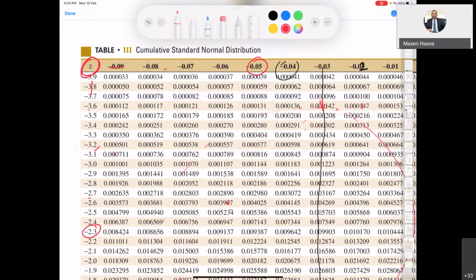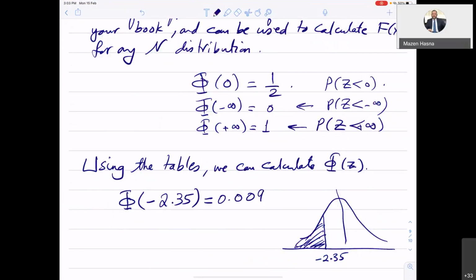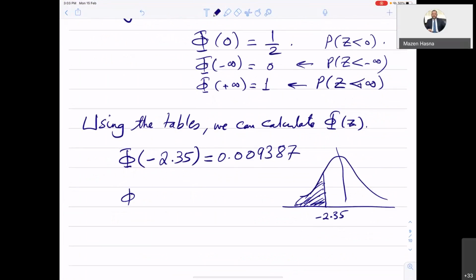And then you go to the probability at the intersection of minus 2.3 and 5. So this is the probability you are interested in: 0.009387. Let's do another one. Phi of minus 1.65, for example.